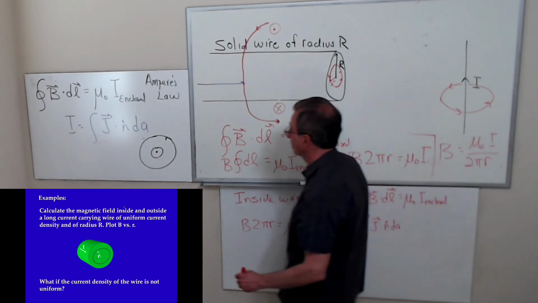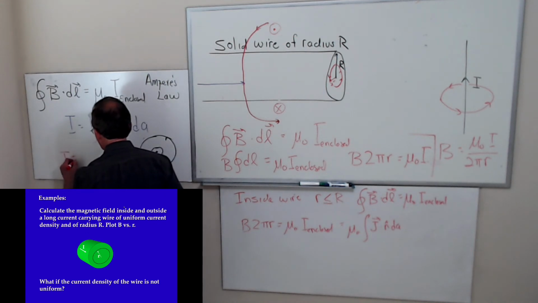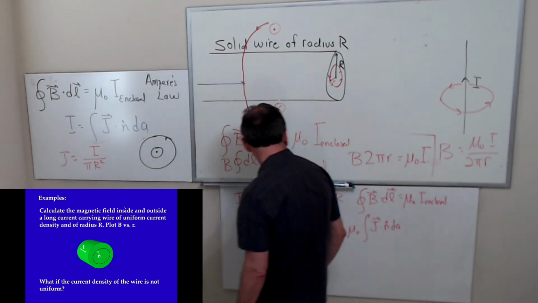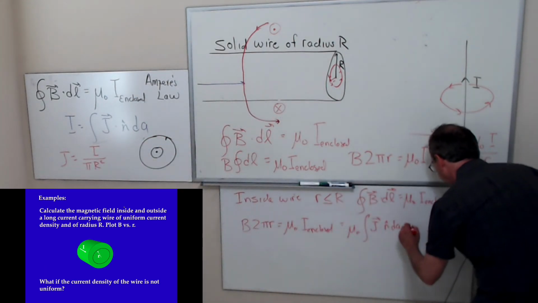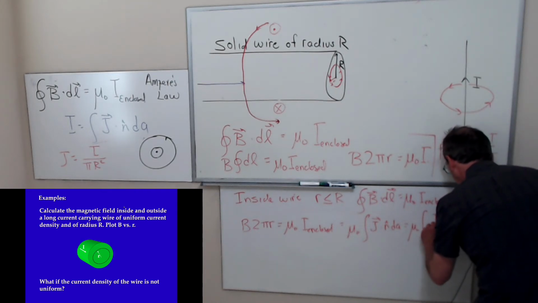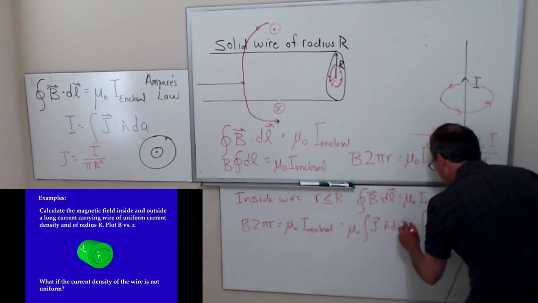But what's the magnitude of j in this particular case? Well, since the current density is uniform, it's going to be the total current divided by pi r squared. I guess I should make this a capital A. Sorry.